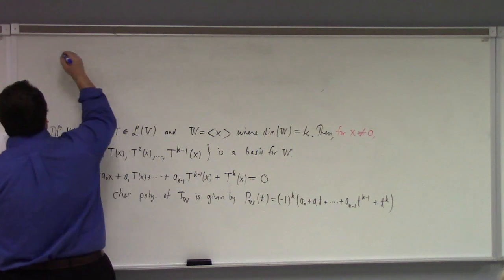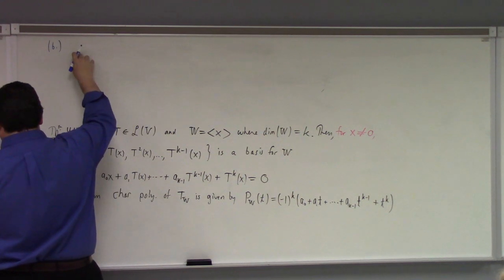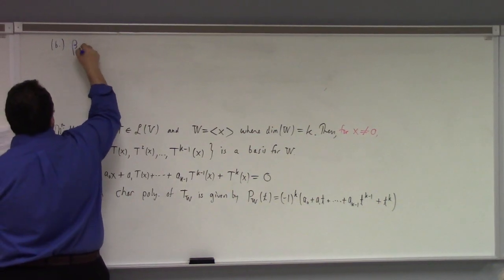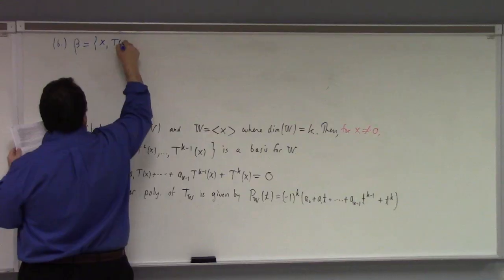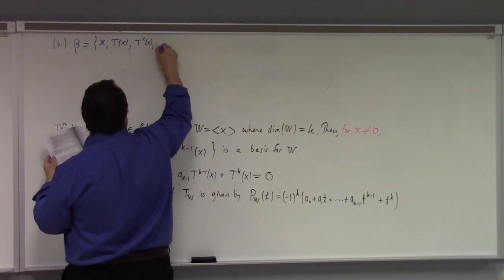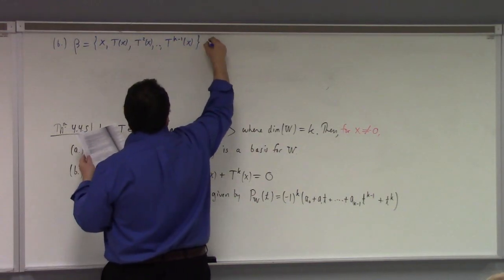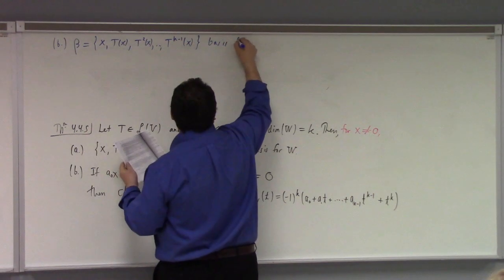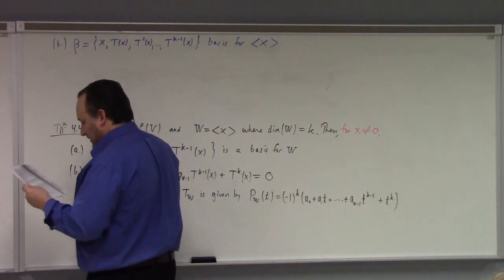Okay, so for part B, we use beta, x, T of x, T squared of x, and so forth, up to T^(k-1) of x, as a basis for the cyclic subspace generated by x, x being non-zero, of course.